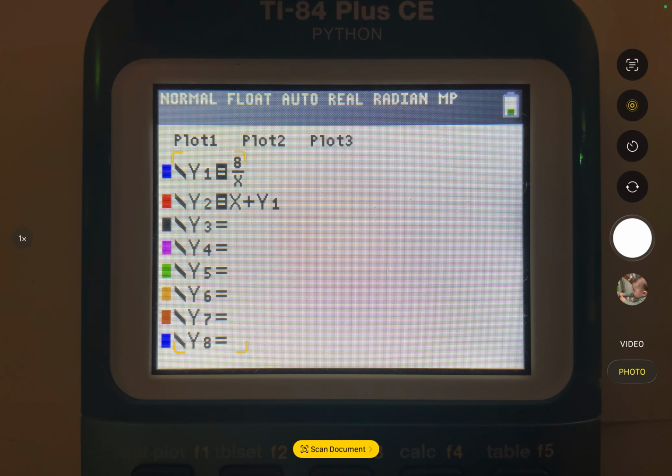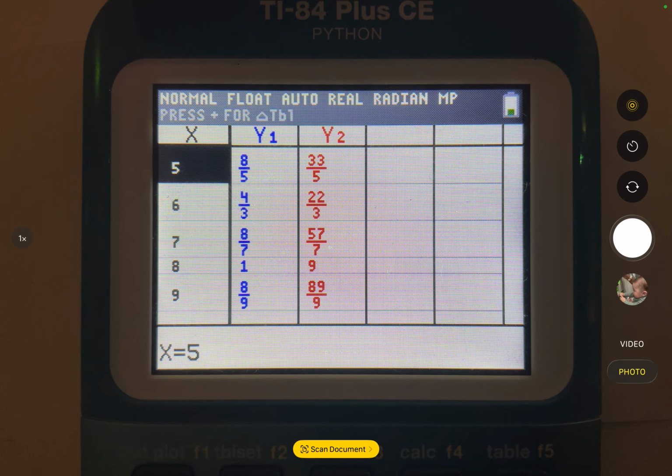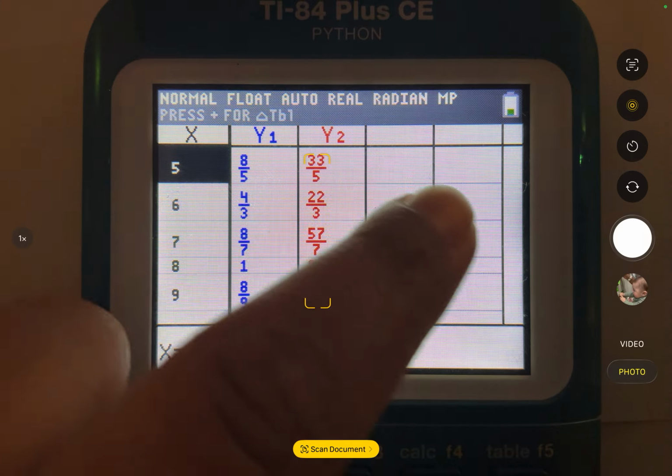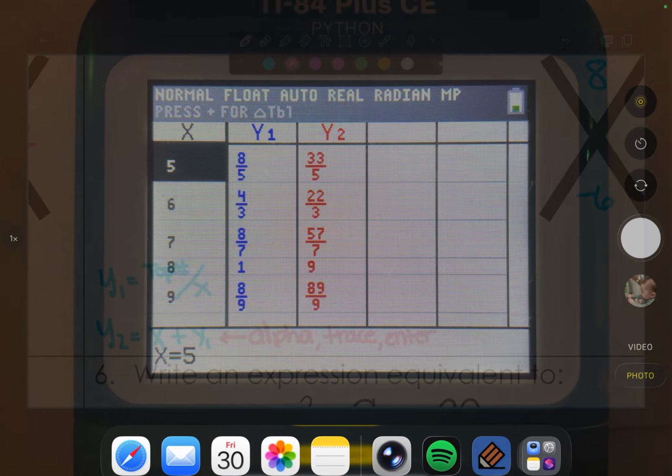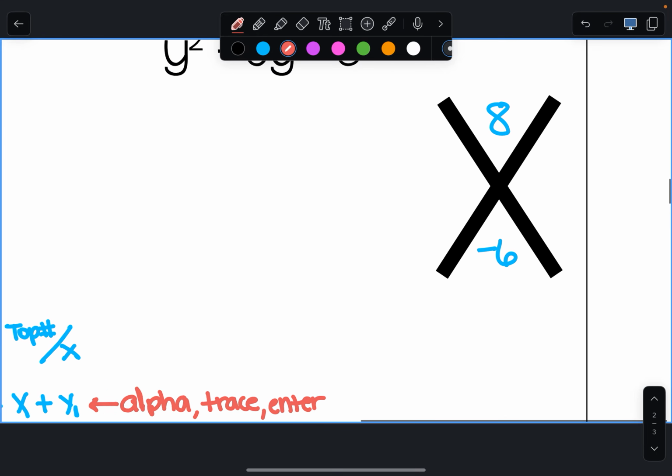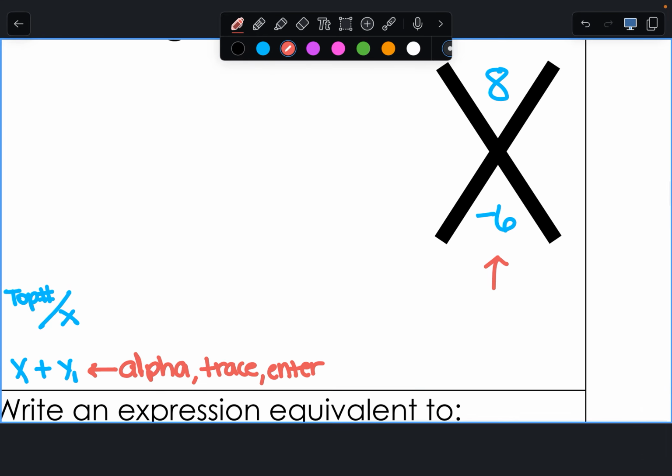Since you're already going. All right, now press second graph. And the bottom number will always be found in y2. So what's the bottom number in this example? -6. Mine was in decimal.